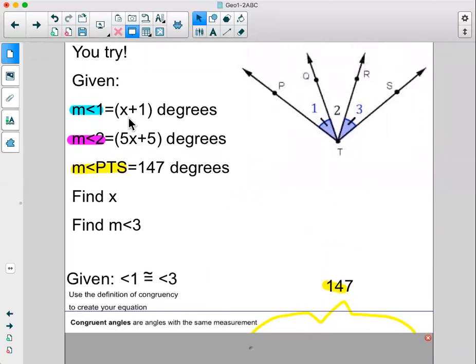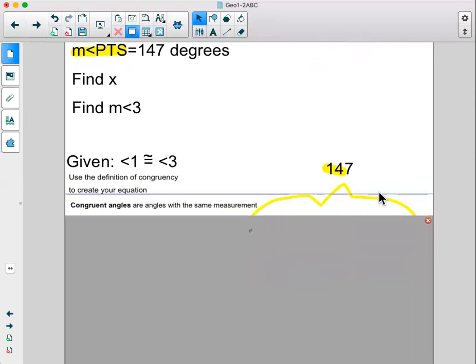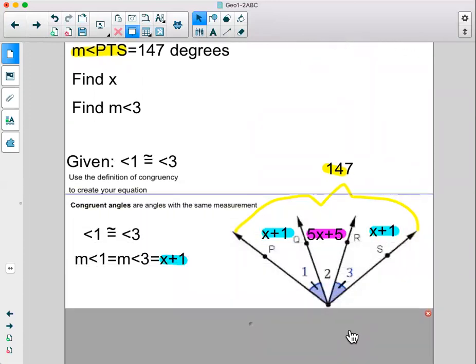And so this algebraic expression for measurement of angle 1 will be the same algebraic expression for the measurement of angle 3. So when we mark our diagram, we can put it on both. If they're congruent, their measurements are equal, and their measurement is x plus 1 for this problem.